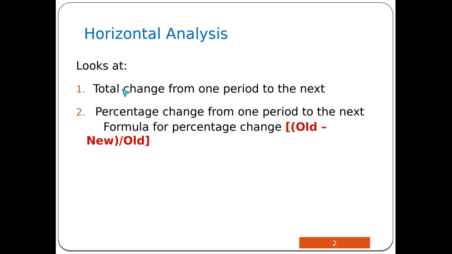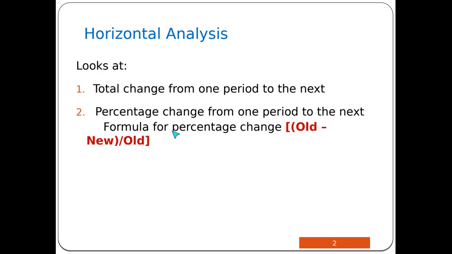So we have the horizontal analysis, which looks at the total change from one period to the next. And in the next slide, I'm going to show you a financial statement that has been done with a horizontal analysis. And the percentage change, so we look at, let's say, 2019, and we look at 2020, and we see what is the change between the 2 years.